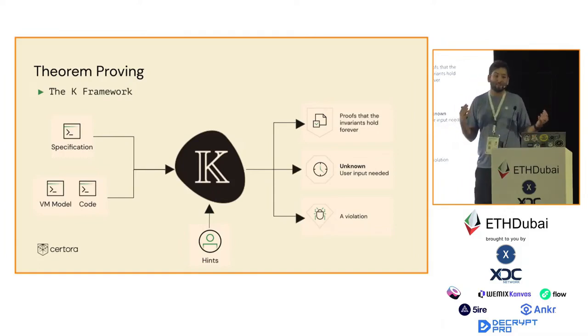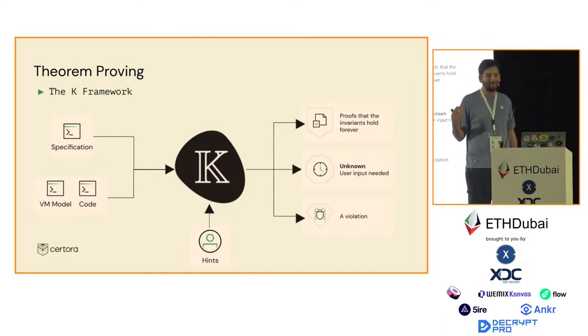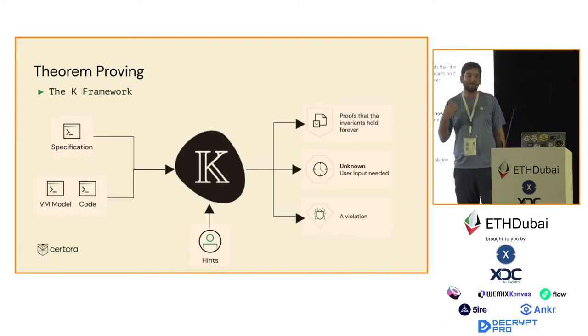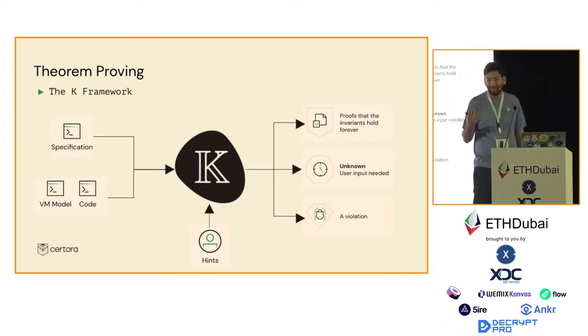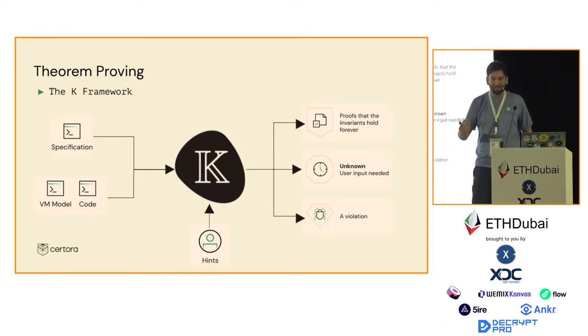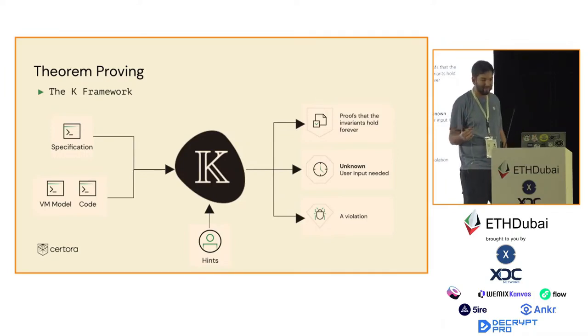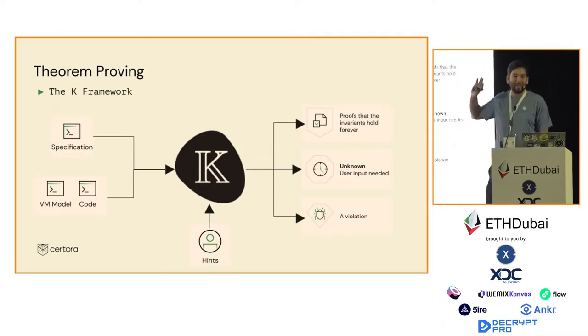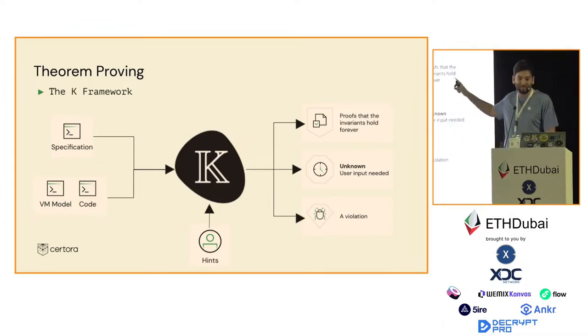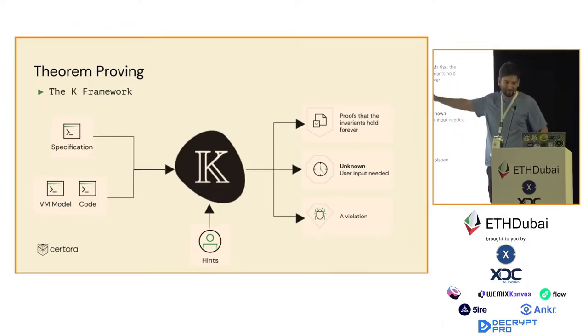And this is a very hard problem, so sometimes the prover will need some help, will need some hints from the user, hence why it's interactive. There will be some problems where it will say, I don't know if it's true or not, and the user will need to provide some extra information. So that means that we have three different outcomes, but not the same ones as the ones we get in symbolic execution.